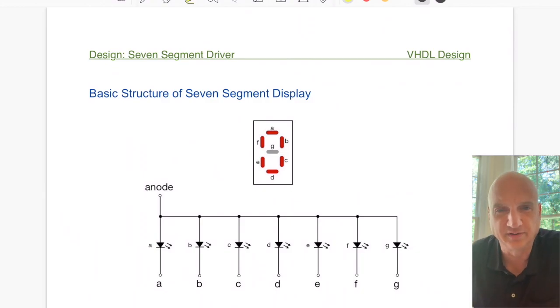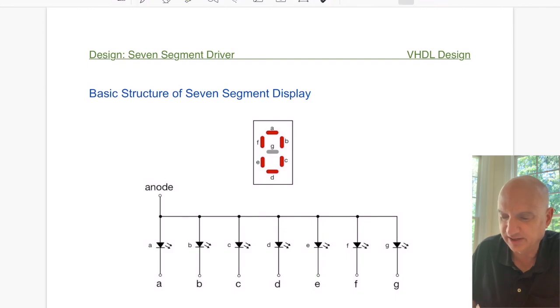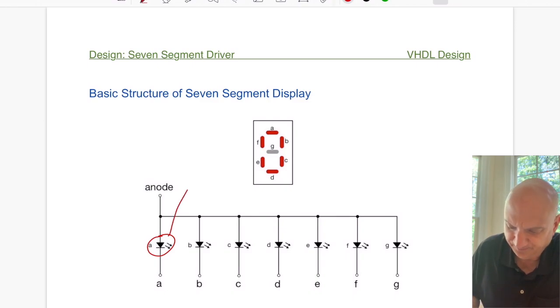And the best way to understand how it looks is to first off see what the heck is inside one of these individual displays. And like we said before, the only thing that's really inside the display itself is a bunch of LEDs. So the LED in this case, like this one here, is labeled A, represents that LED there.